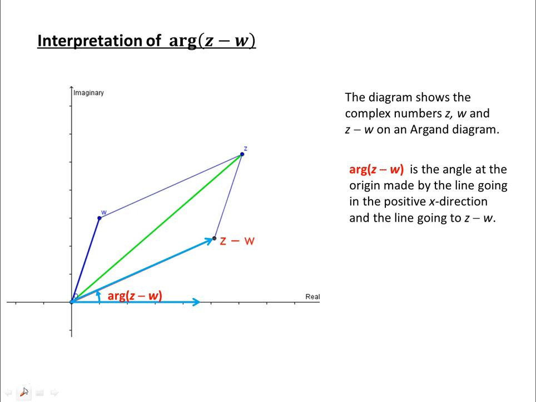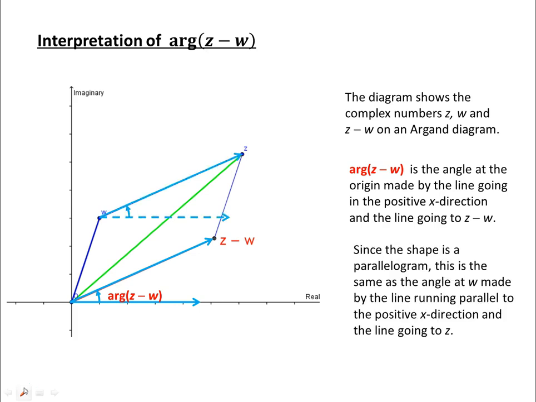So, the angle at w made by the line running parallel to the positive x direction and by the line going from w to z will have the same angle as arg of z minus w.